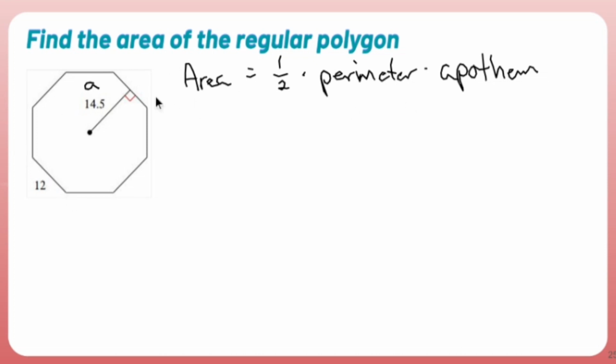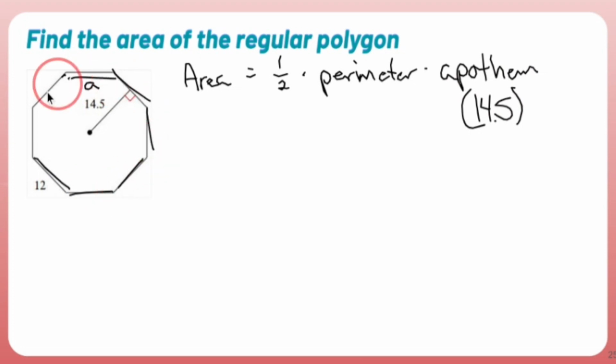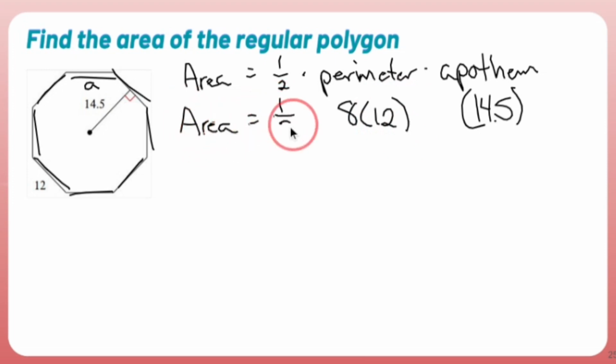In order to find the perimeter, there's one side, two sides, 3, 4, 5, 6, 7, 8. So the perimeter is going to be 8 times 12. So the area is found by multiplying 1/2 times 8 times 12 times 14.5.